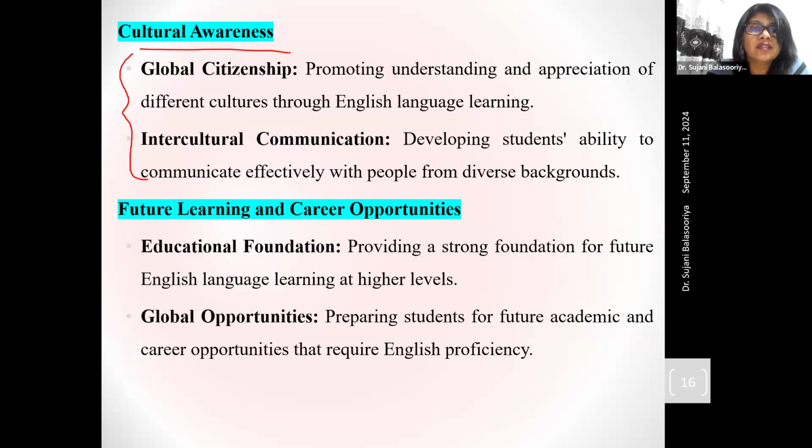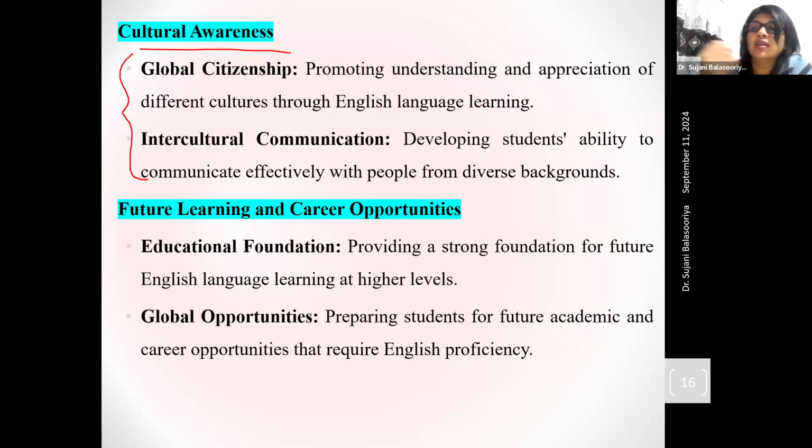Global citizenship is created when there is cultural sensitivity. That's what I wanted to tell you, right? A person should be culturally sensitive. Culturally sensitive in the sense of being able to understand other cultures, right?